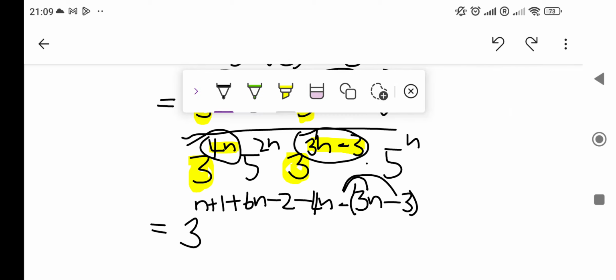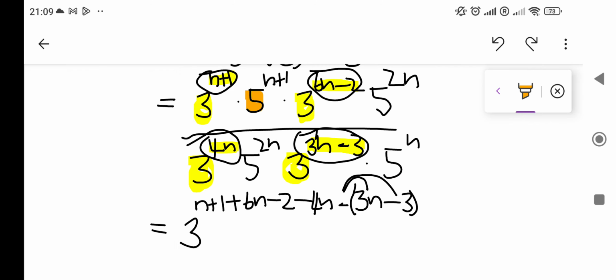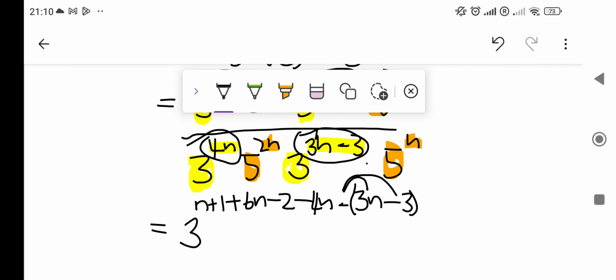Great. Let's have a look at the bases 5. So here's a base 5. Here's a base 5. Both of them are on top, so they're multiplying, and we are going to again add our exponents there, and then we have a base 5 at the bottom and another base 5 at the bottom, so we'll subtract those exponents over there. Let's see how this looks.